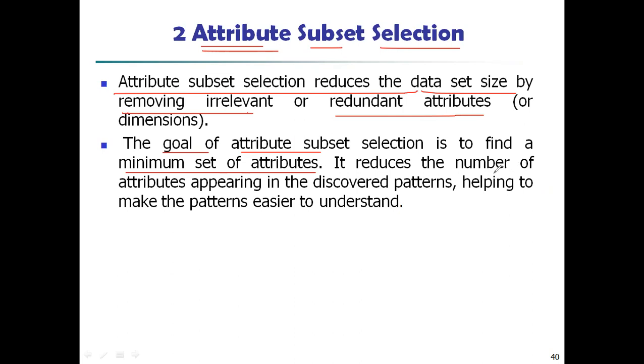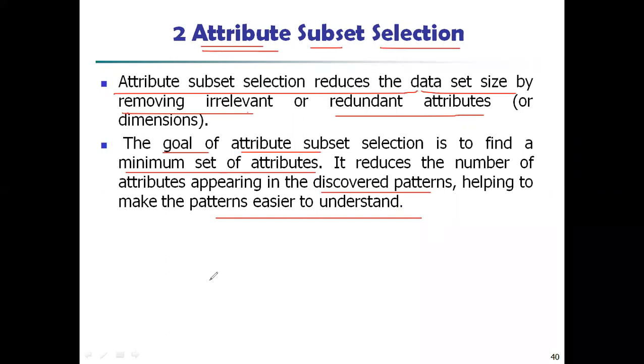It reduces the number of attributes appearing in the discovered pattern, helping to make the patterns easier to understand. If your table has 10 columns it is a little difficult to understand, but if you have only 5 columns of data it is a little bit better than 10 columns, isn't it?